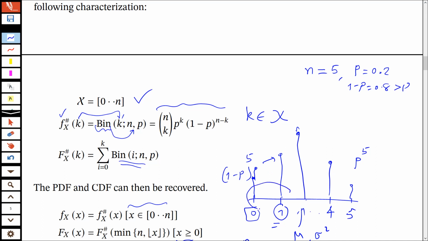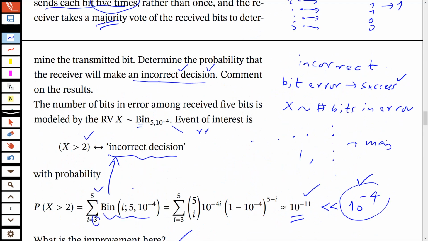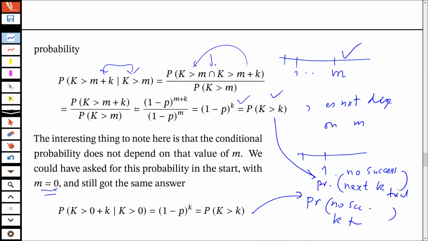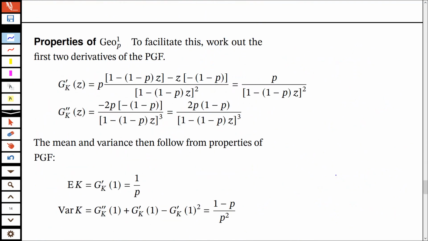So knowing something about the number of failures or the number of successes actually does change your probabilities. So memorylessness is a unique property of the geometric distribution.